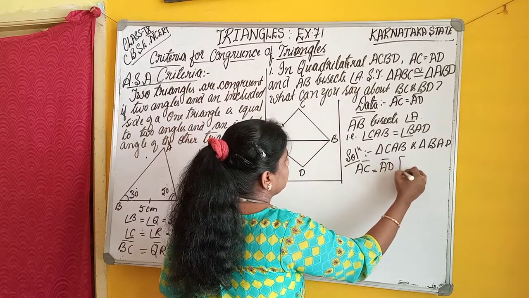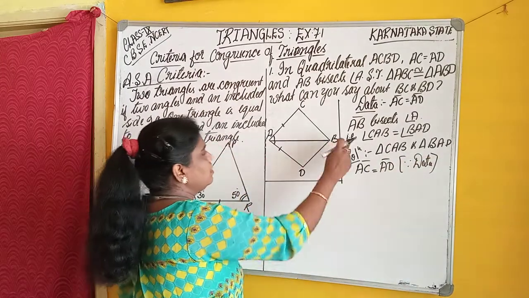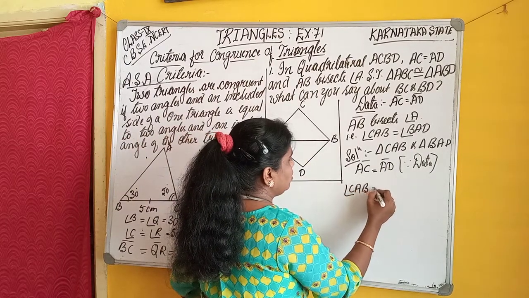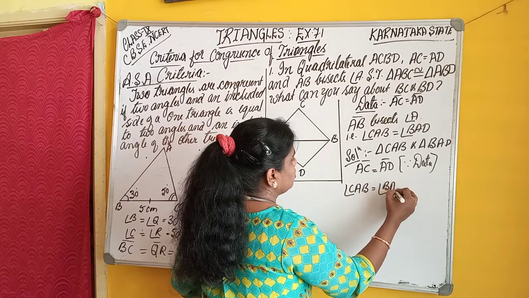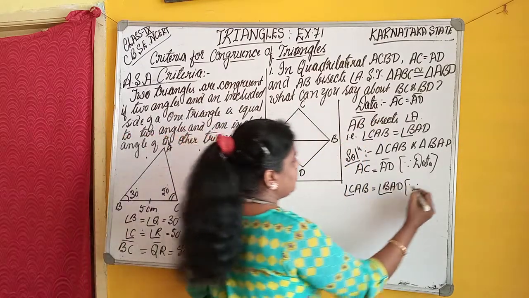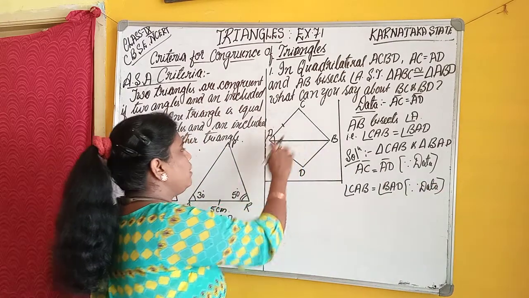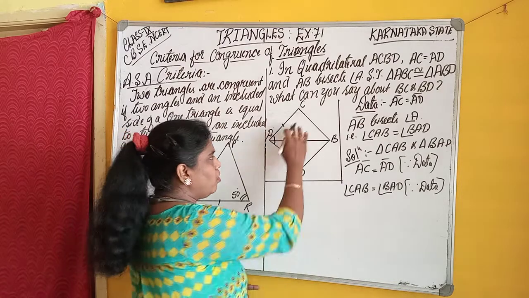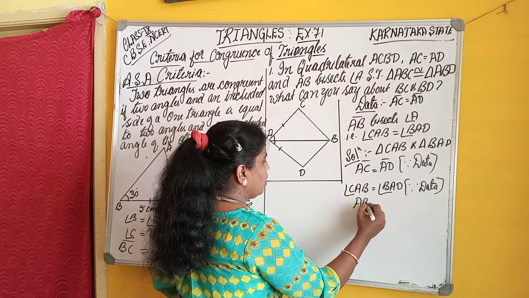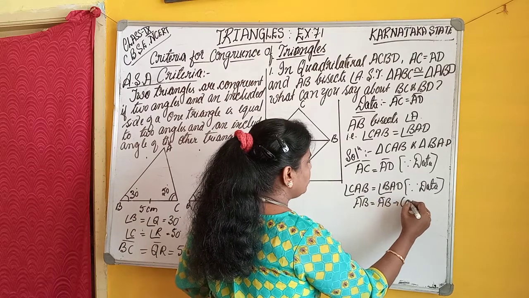That is data. And angle CAB is equal to angle BAD. This is also by data, because AB bisects angle A. And what is there in between? AB is common in both the triangles. Therefore, AB is equal to AB, that is the common side.